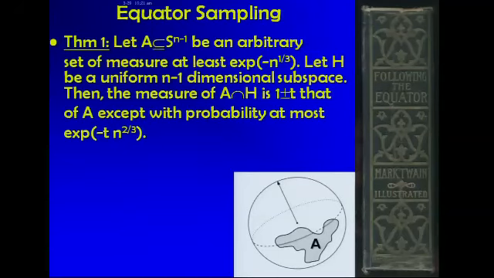What the theorem says is that the measure of land that we'll see on that equator is a very good approximation of what it should be, the measure of A, within a multiplicative error of 1 plus minus t. And the probability of deviating by more than 1 plus minus t is e to the minus t n to the 2/3.